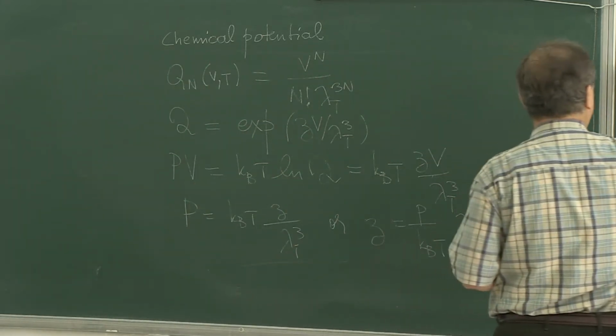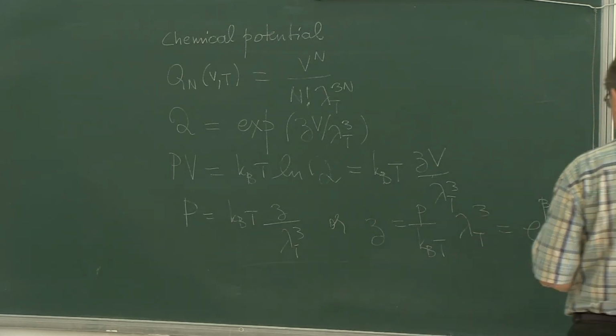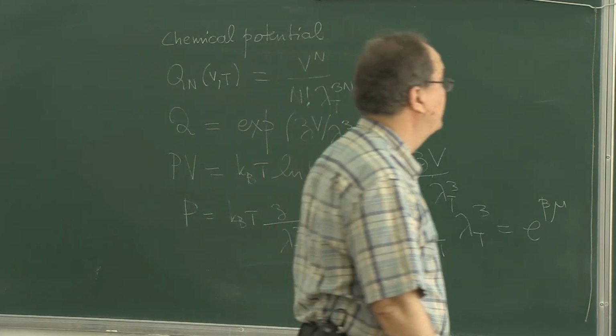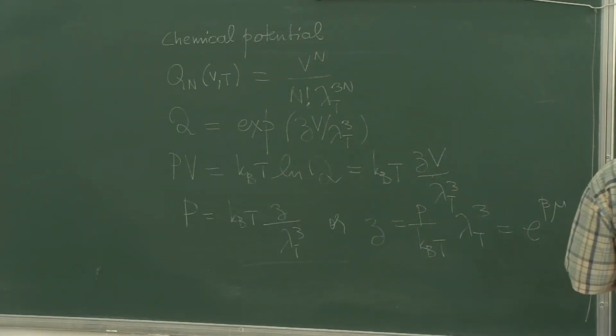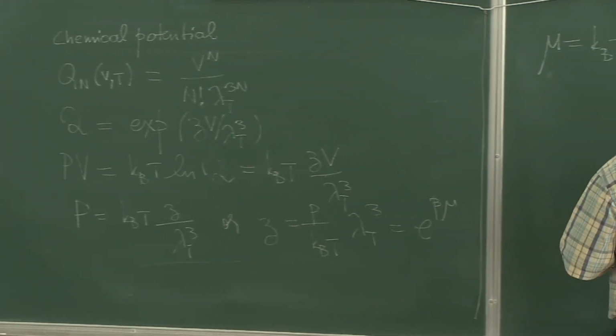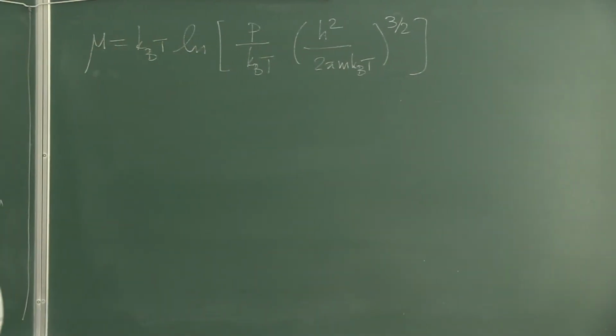Take the logarithm of both sides, and the exponential gives beta mu. So mu is k_B T times the logarithm of the other side, which is P over k_B T times h squared over 2 pi m k_B T to the power 3/2. This is lambda_T cubed, isn't it?